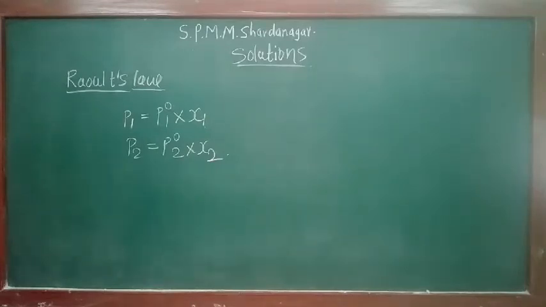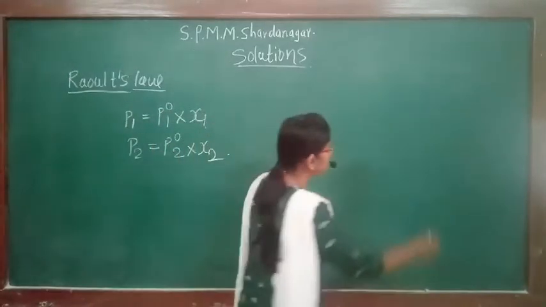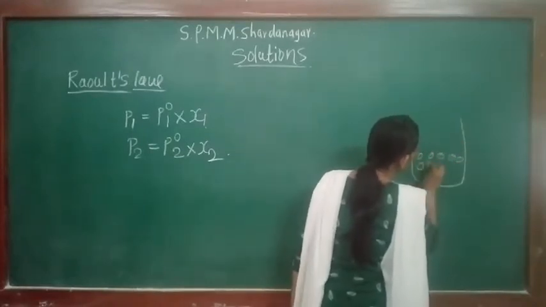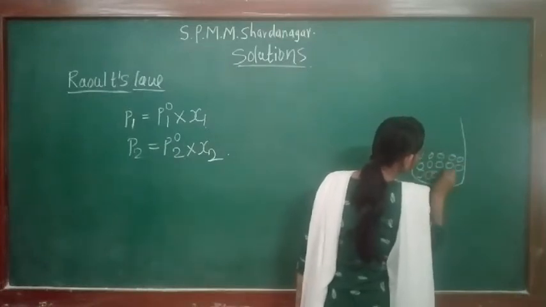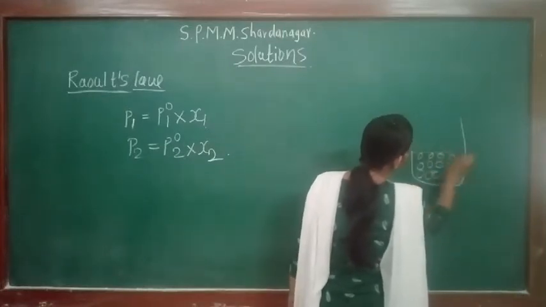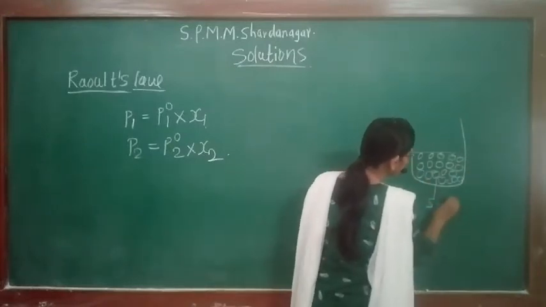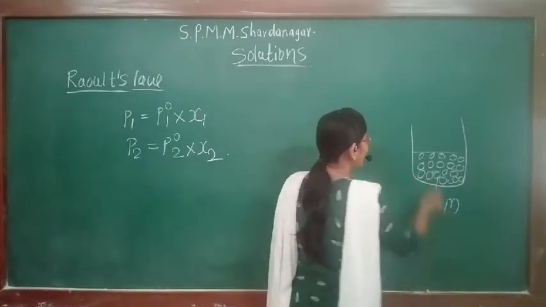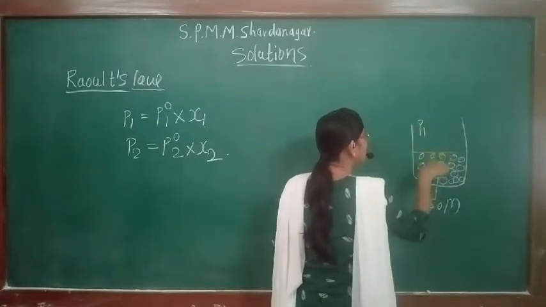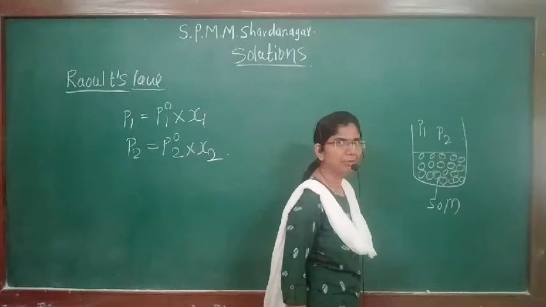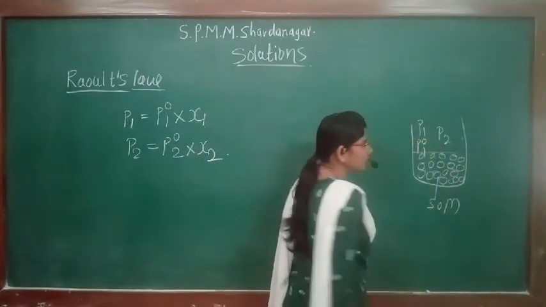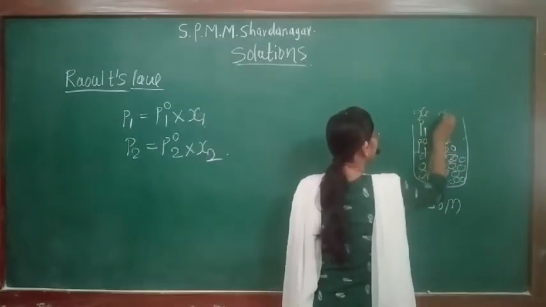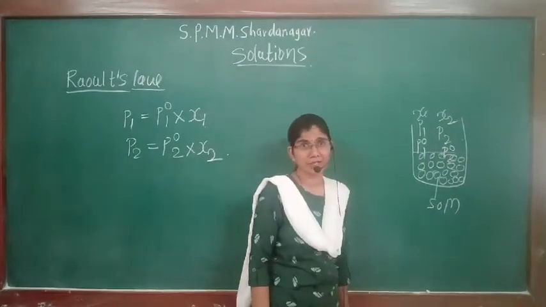So if we consider this solution of two volatile components A1 and A2 having partial pressures P1 and P2, vapor pressures P01 for A1 and P02 for A2, and mole fractions X1 and X2 for A1 and A2 respectively.